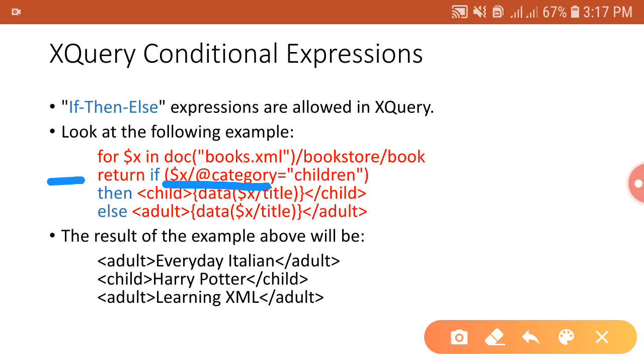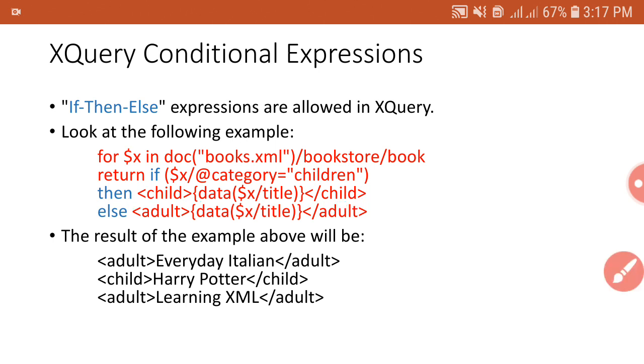If it is children, then the content of book's title element, okay, data function will select content of this title element and it is enclosed in child element. If the book's category is children, then the content of title element is enclosed in child element.